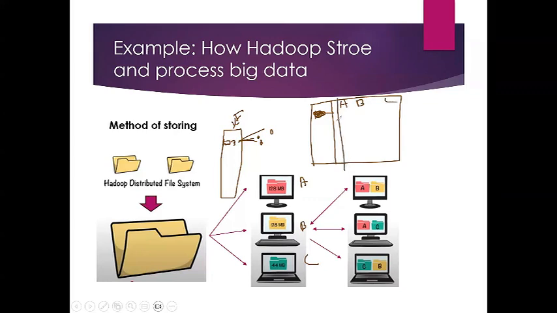It tells that this part is divided into smaller chunks: part 1, part 2, and part 3. Then part 1 is saved in one server, part 2 in another, and part 3 in the third.